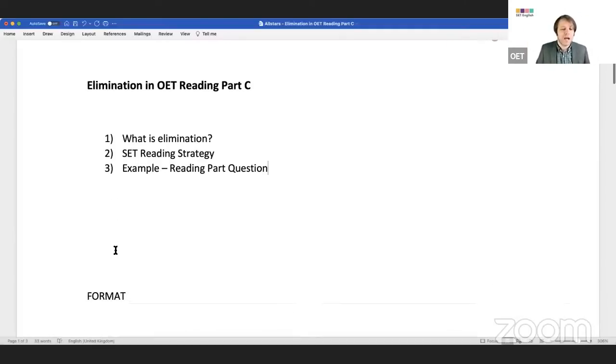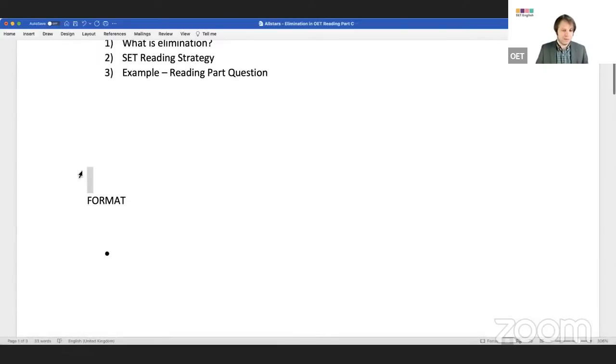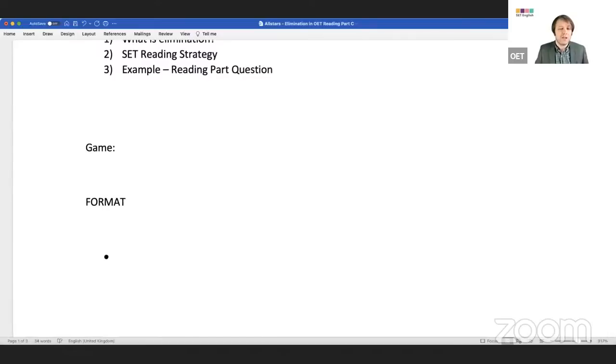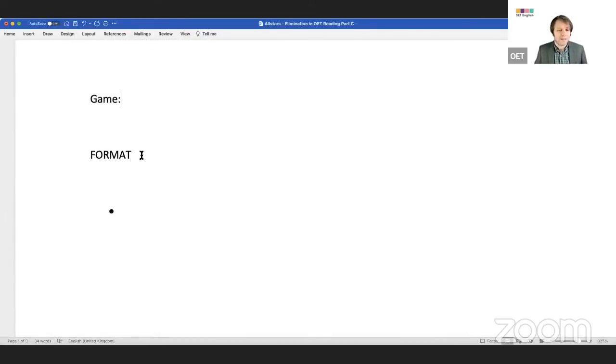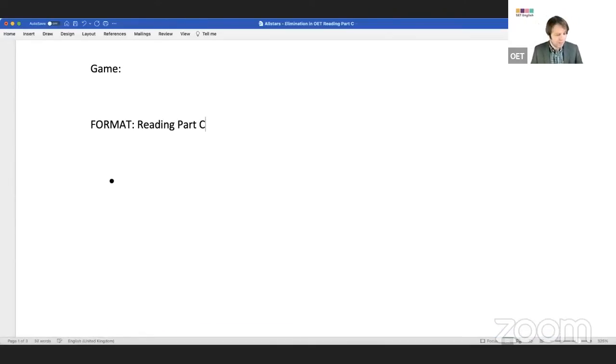I'm going to start with a warm-up. The warm-up activity, essentially a game, is that you guys need to tell me the format of reading part C. For example, how many questions are there in reading part C?